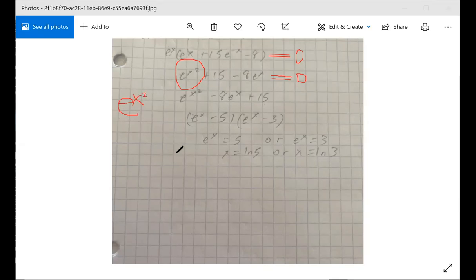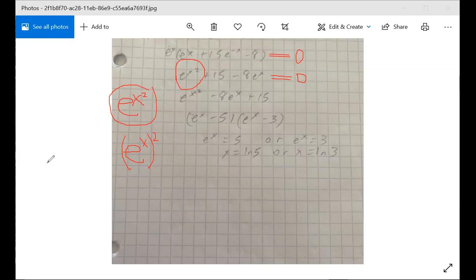Is that what you meant? Or do you mean e to the power x, in parentheses, squared? Because you didn't put parentheses, the way you write it is being regarded as that, which is a mistake.